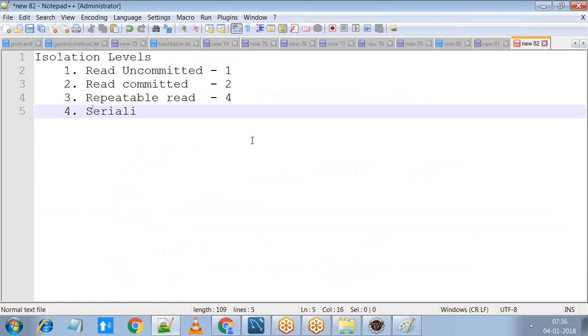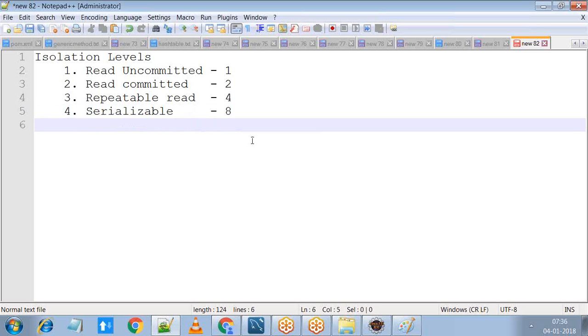Serializable isolation level is considered the strictest isolation level here.